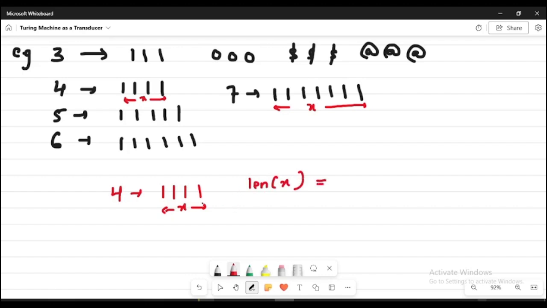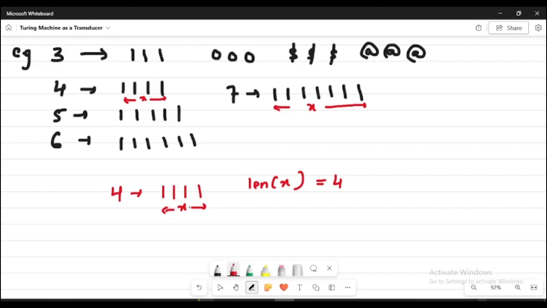What is the length of the string? The length of the string is 4. So the length of the string itself becomes a number. This is something we can observe here, and this property we can make use of for building logic. I hope you understood: the length of this string itself becomes a number.